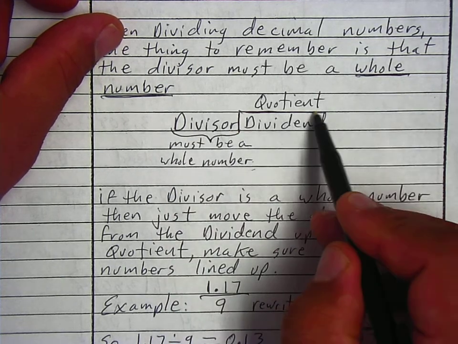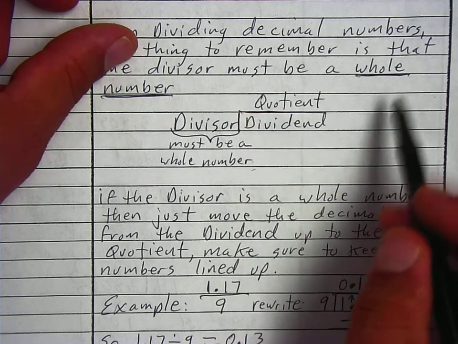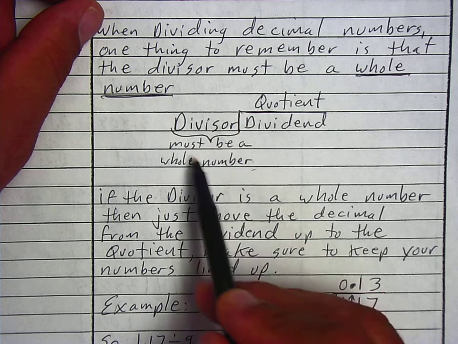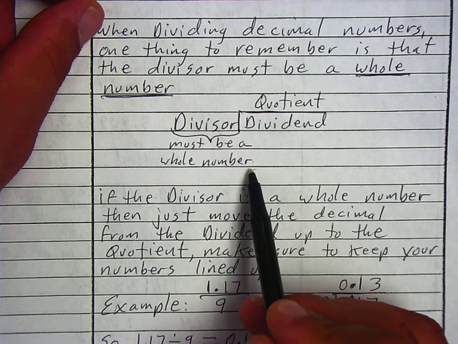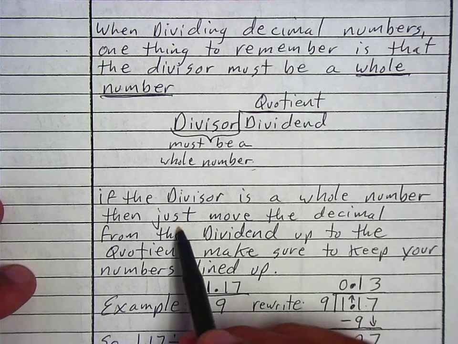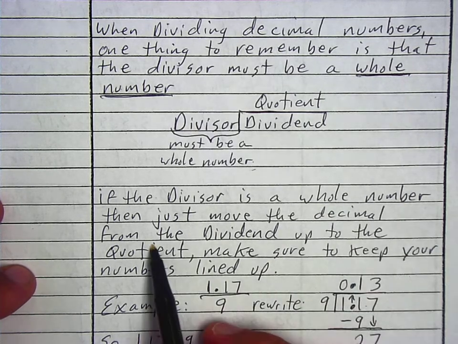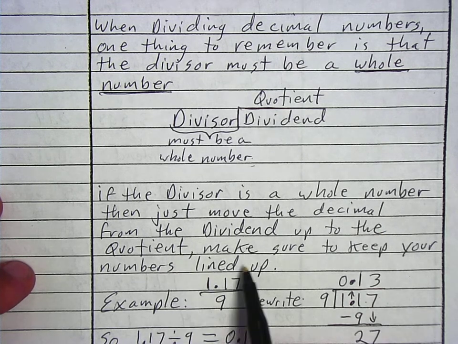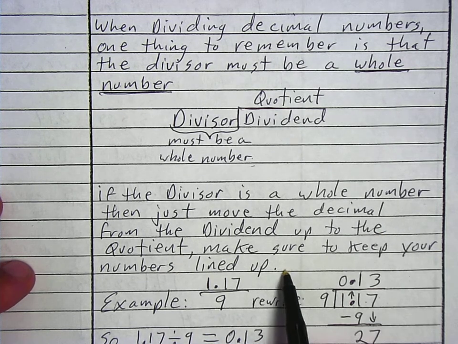And remember, your quotient is actually your answer to the division problem. If the divisor is a whole number, then just move the decimal from the dividend up to the quotient. Make sure to keep your numbers lined up.